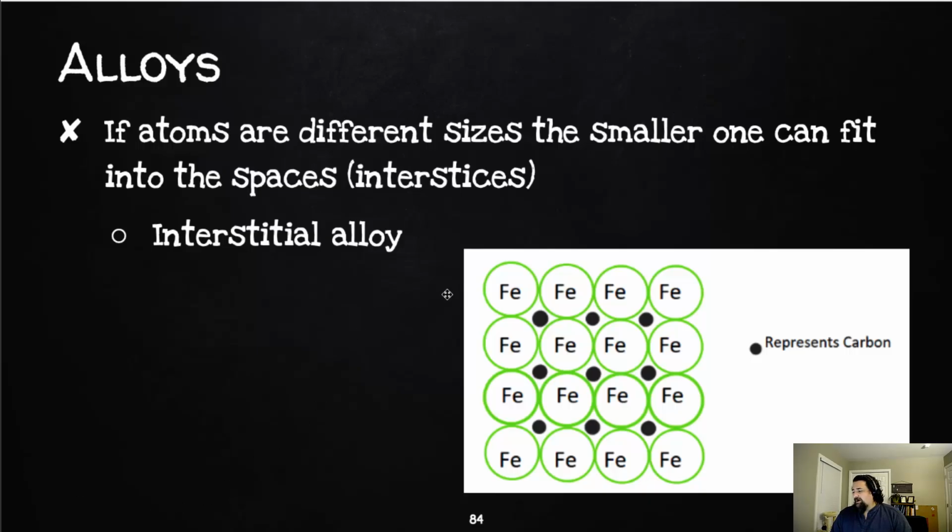You have iron and these small little carbons, and the carbon actually fits in the gaps. And that's one of the reasons that the density increases with steel. So a cube, the same size for iron and steel, the steel will weigh more because we've shoved carbon in the spaces between those iron atoms. All right, we fit it in the interstices.